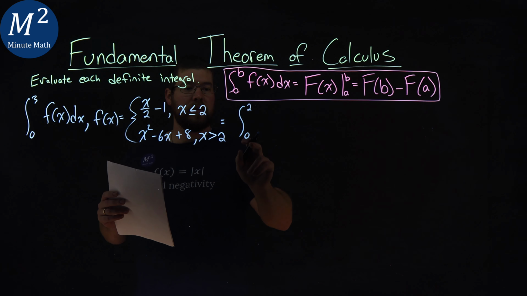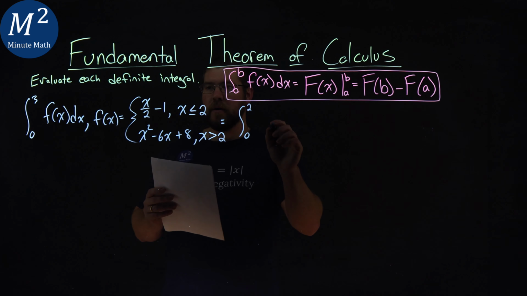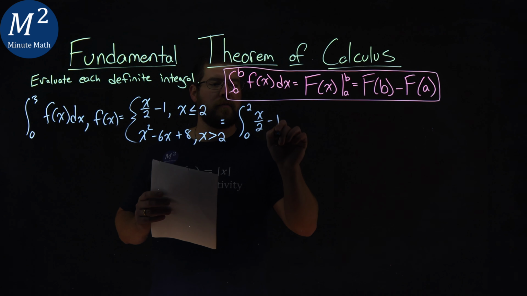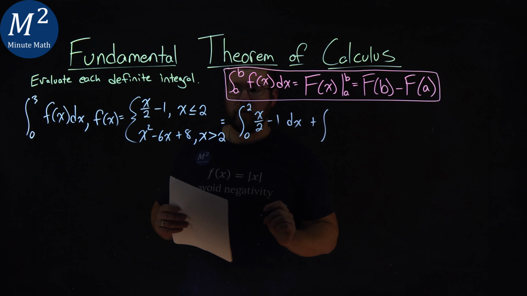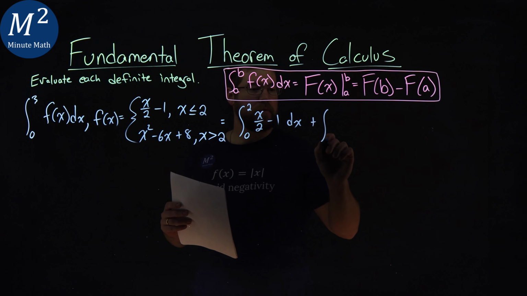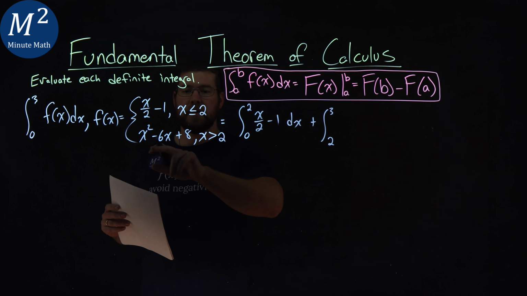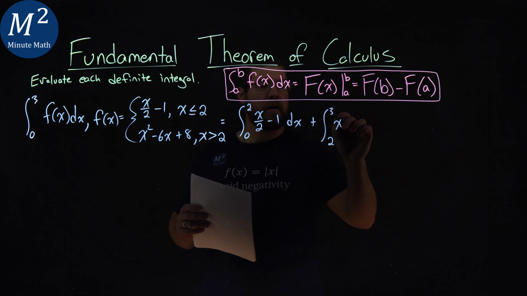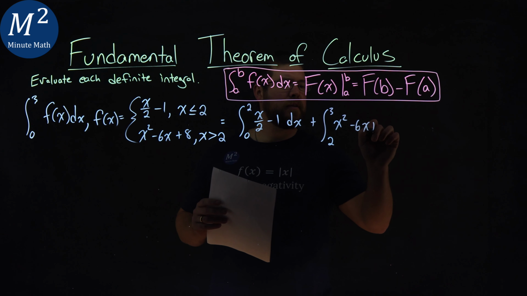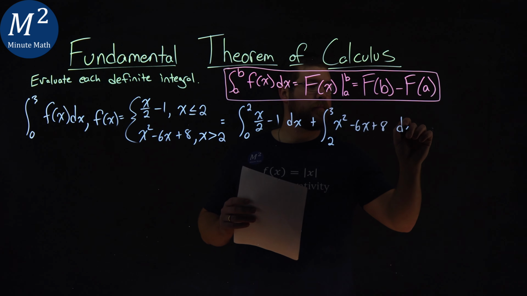So we use our first part, x over 2 minus 1 dx, plus the integral from 2 to 3 for our piecewise function. That happens when x is greater than 2, and we use the second part, x squared minus 6x plus 8 dx.